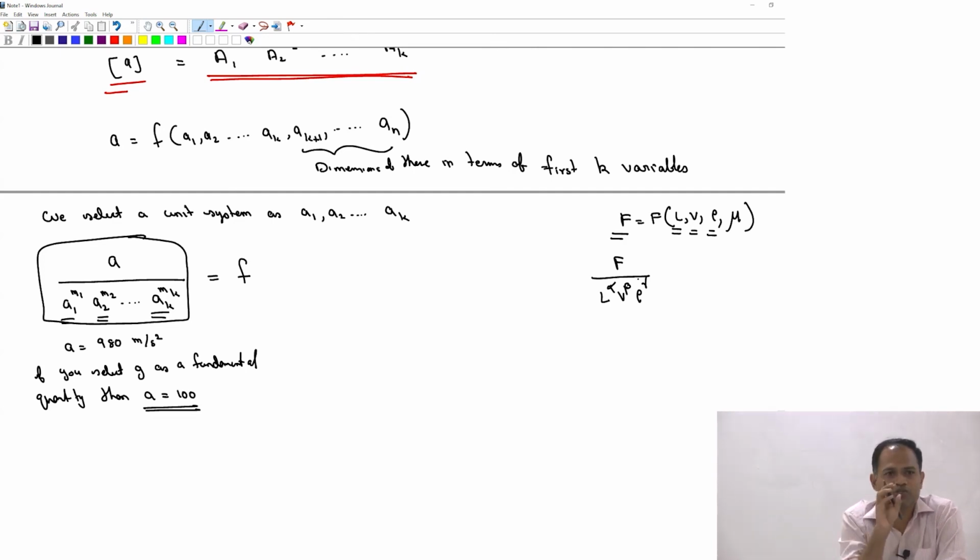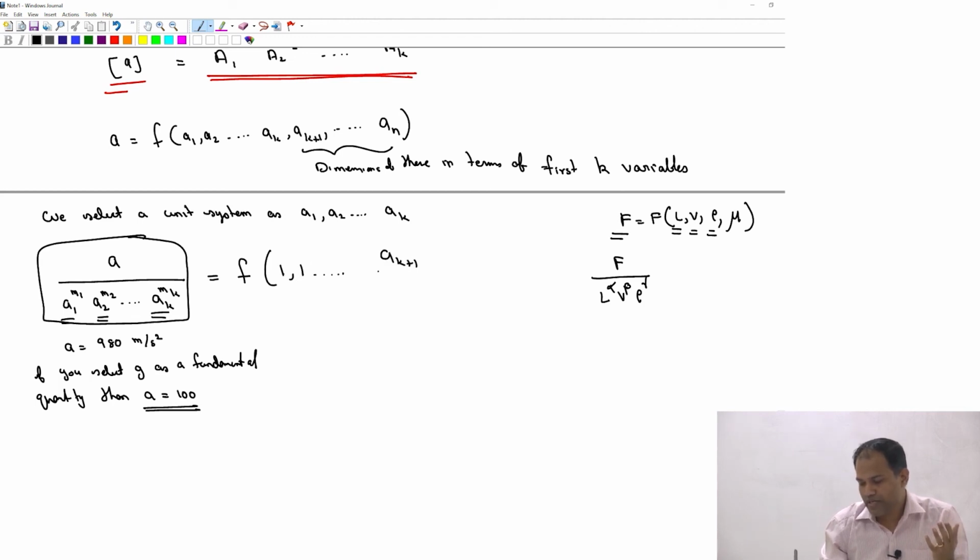So that's all I am doing here. I am selecting A1, A2, etc. up to AK as my units, so that I can measure any variable in terms of the other k variables that I have chosen. I'll just write down the expression, and we'll talk about it again. A1 measured in terms of A1 will be just 1, A2 measured in terms of A2 will be just 1, and so on.